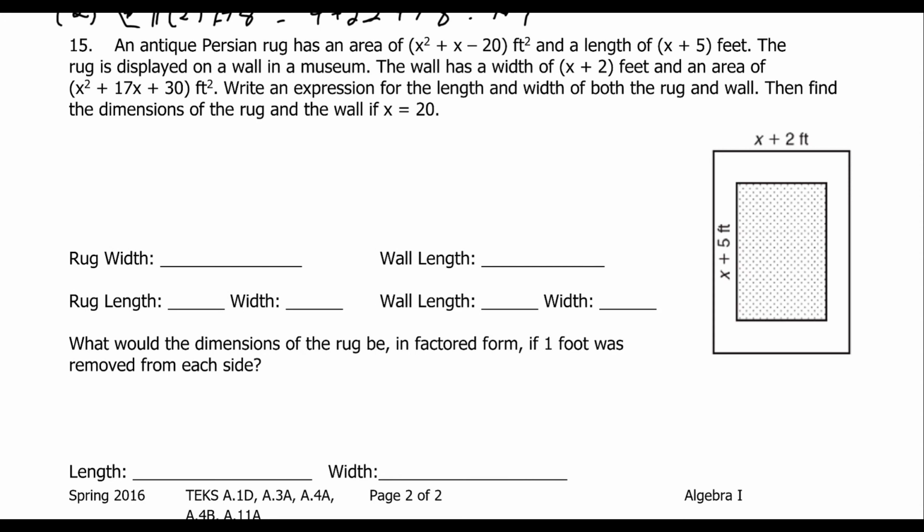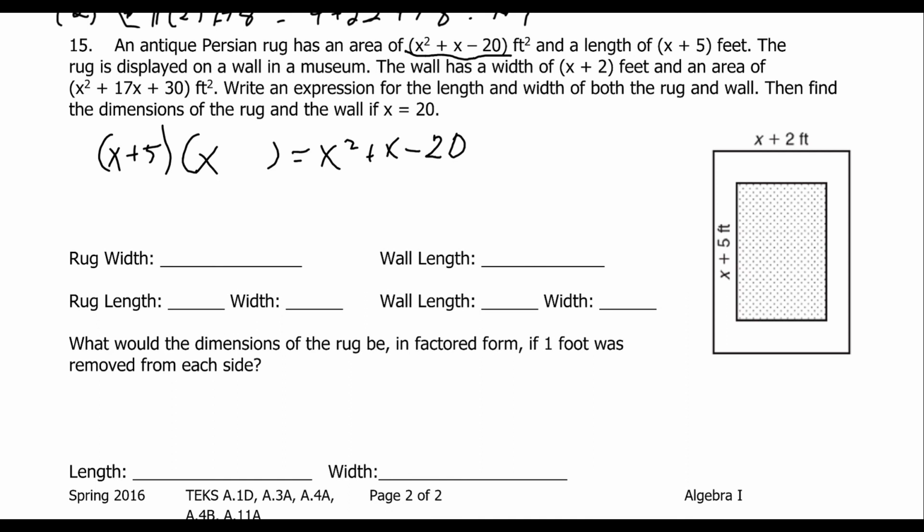Alright, now, let's see. What we're going to do is we're going to find the rug width. So it has an area of x squared plus x minus 20. Now, we got x plus 5. If y'all haven't figured it out yet, there's some neat little tricks that we can do with this.